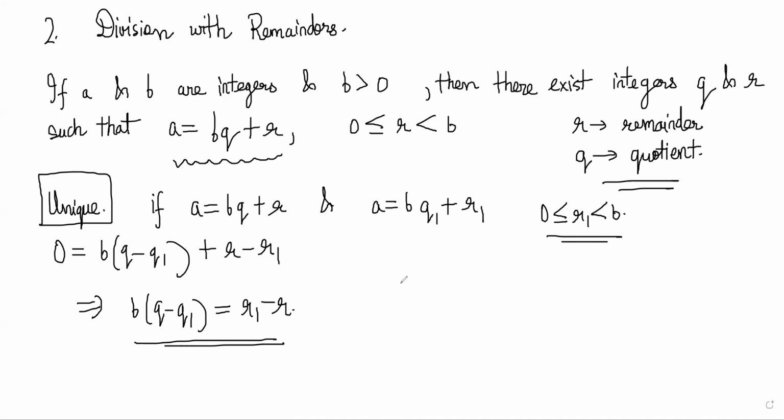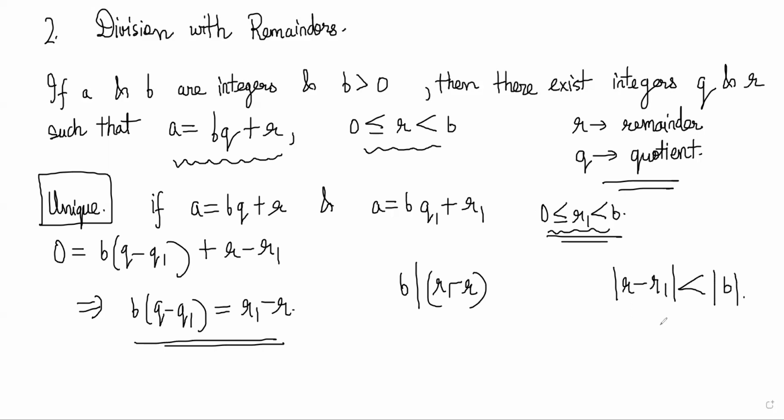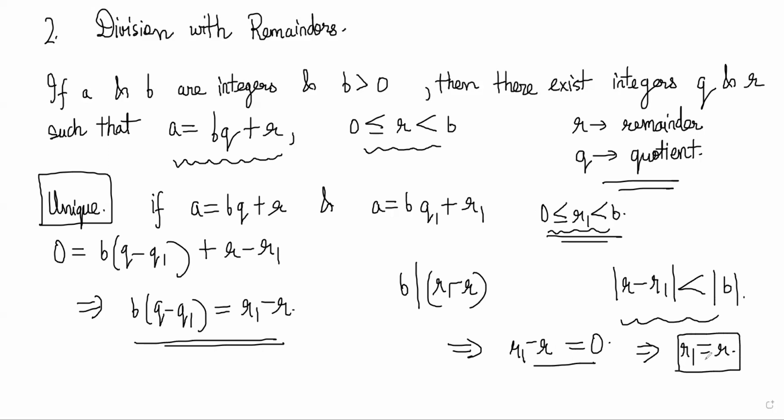So this means that b divides r1 minus r, right? Now we know that both r and r1 are less than b. So obviously mod of r minus r1 is less than mod b. So therefore this implies that r1 minus r must be equal to 0. And if r1 minus r is equal to 0, r1 is equal to r. And if r1 is equal to r, then q is also equal to q1.